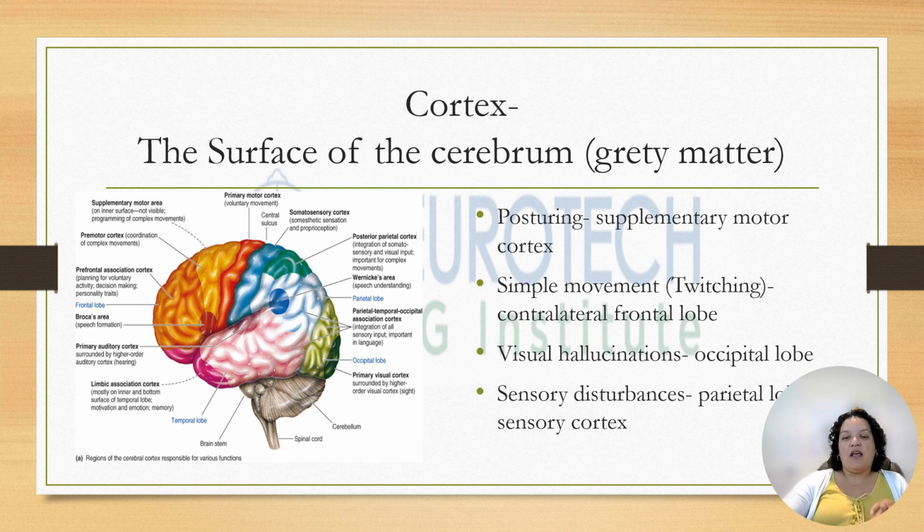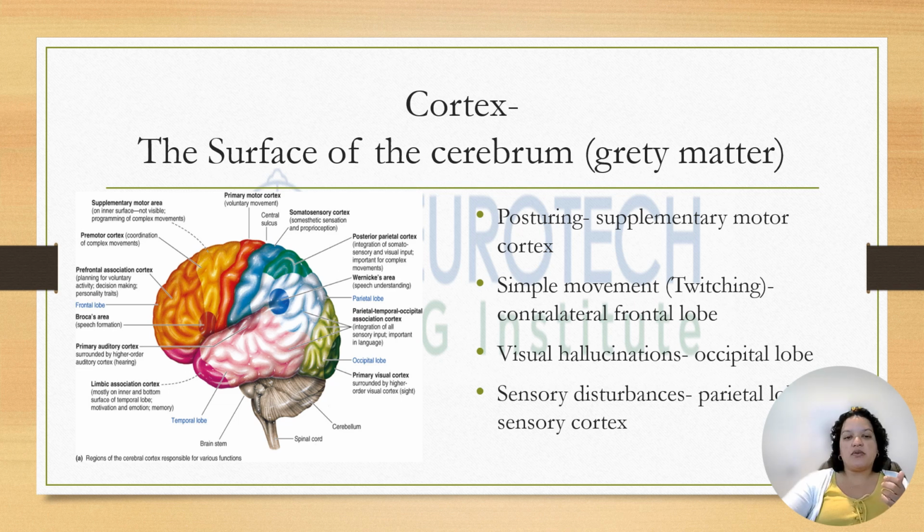What I want you to take from this slide is that the symptoms a patient might present are localizing for some of these areas. For example, we have the supplementary motor cortex, and in this case, they said posturing. These are from questions that I saw in some Q banks. When they mention posturing, you're going to think about the frontal lobe, and in the frontal lobe is the supplementary motor cortex.